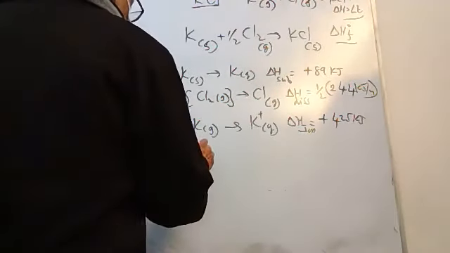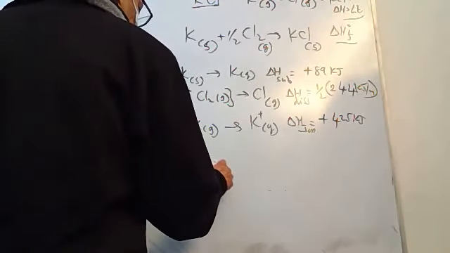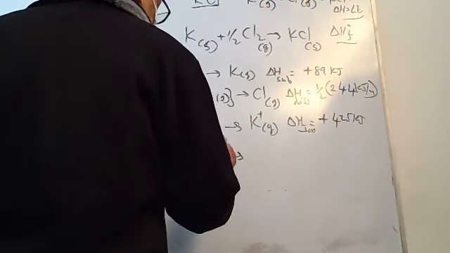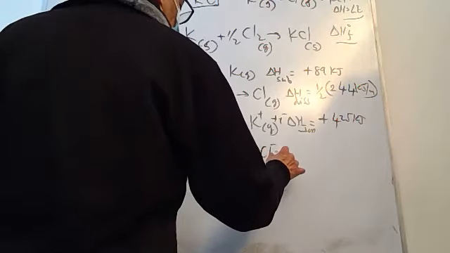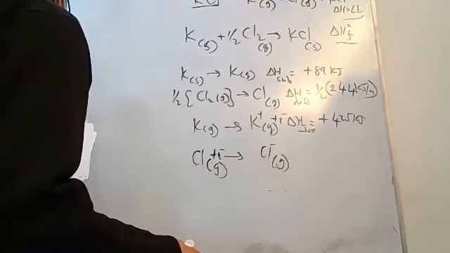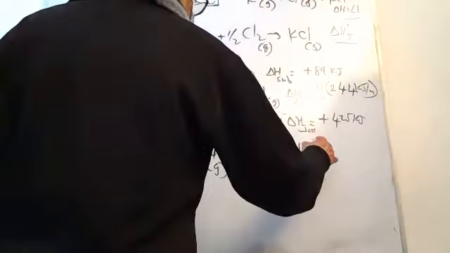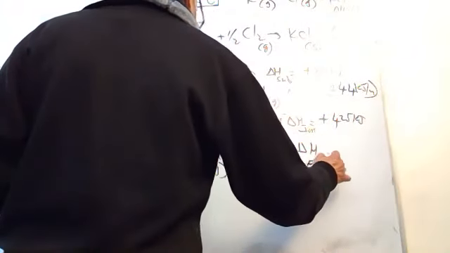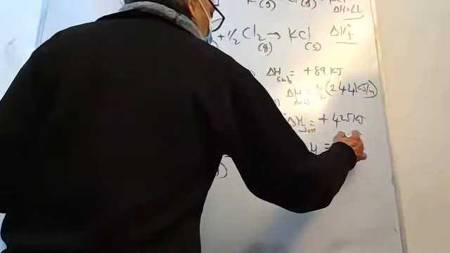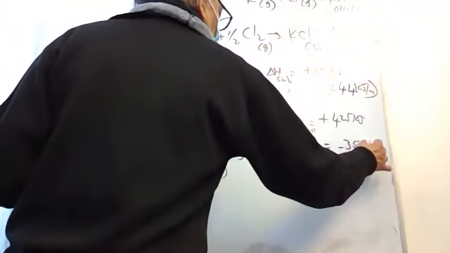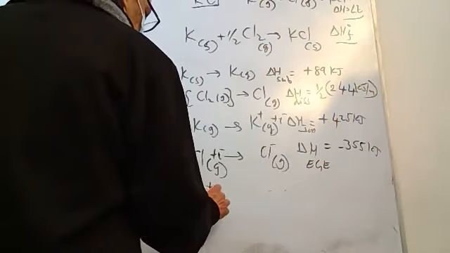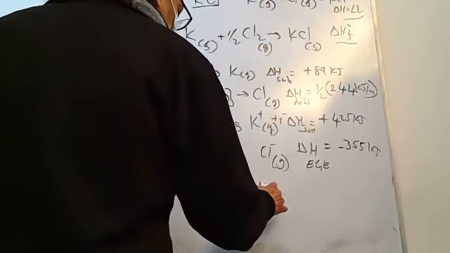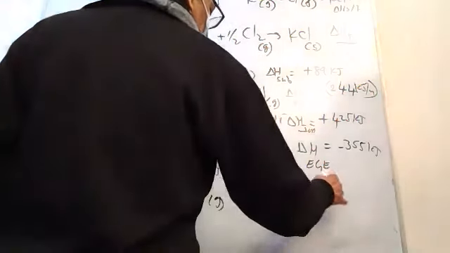And finally, we have chlorine atoms in gas phase accepting an electron to make chloride ions. That's an electron gain enthalpy, EGE, which is negative 355 kilojoules. And finally, we have potassium ions in gas phase and Cl minus in the gas phase making potassium chloride solid.